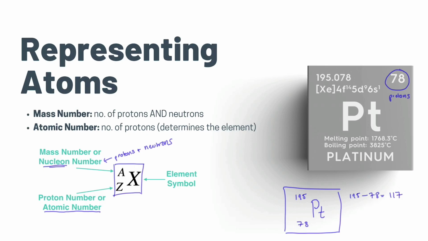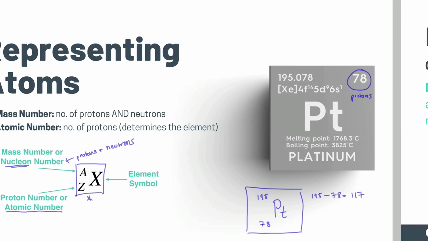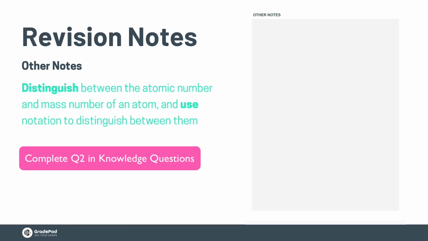It's good for you to start recognizing this notation, but also to be comfortable with putting your proton number, your mass number and the element symbol as shown. So we go to our revision notes, and we want to write how to distinguish between the atomic number and mass number of an atom.